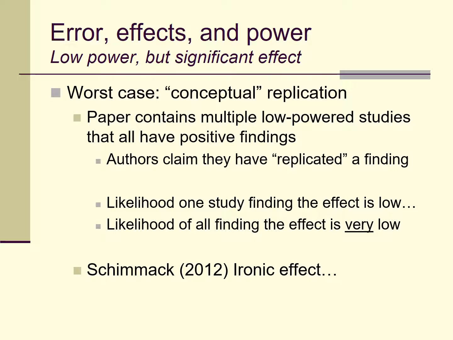The author Uri Simonsohn in 2012 published a paper called The Ironic Effect of Positive Findings, I think. It's a really good paper, and it's funny, 2012 doesn't seem like that long ago, but this whole field, Simonsohn and a number of other authors, Francis, have picked up the torch and really developed a lot of very interesting techniques for sniffing out apparently unusual or ironic or suspicious patterns of apparently replicated findings.